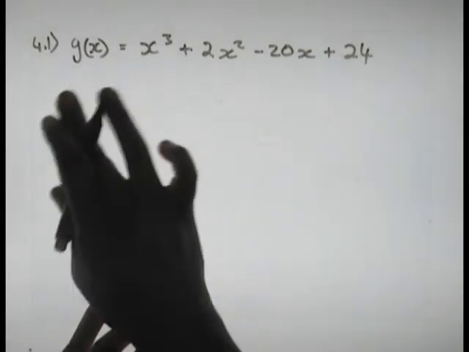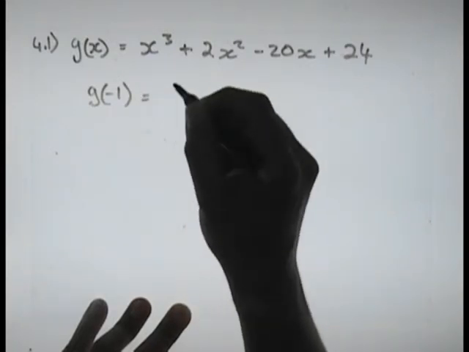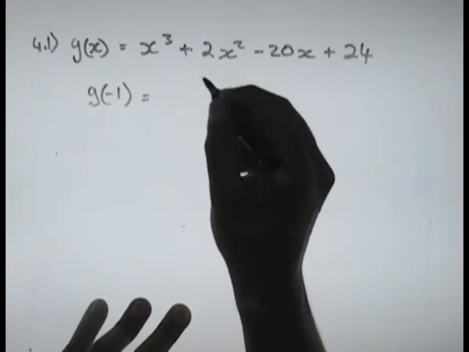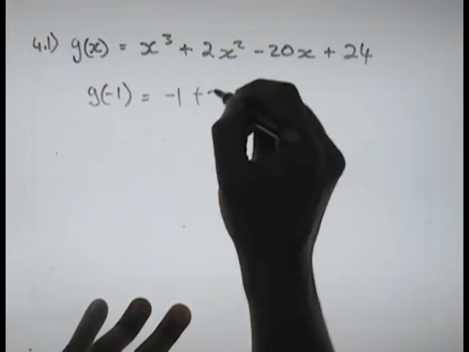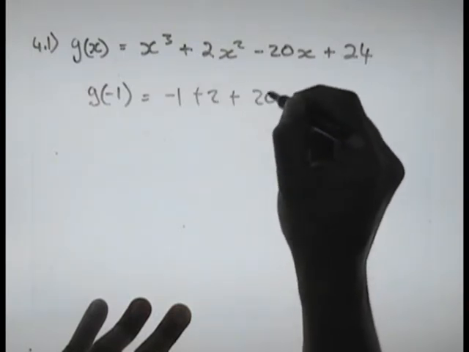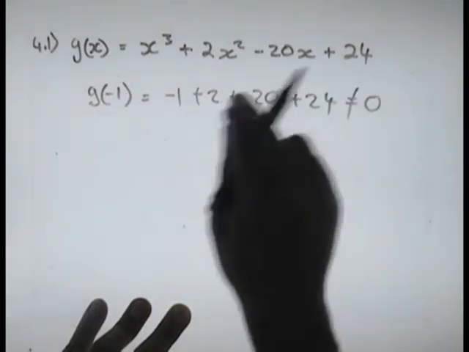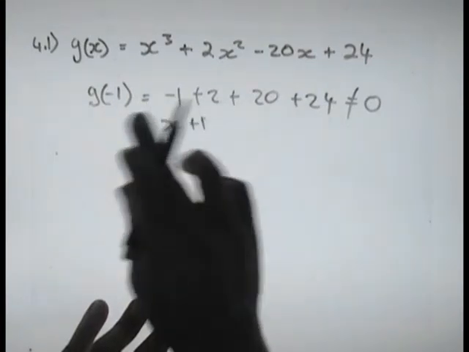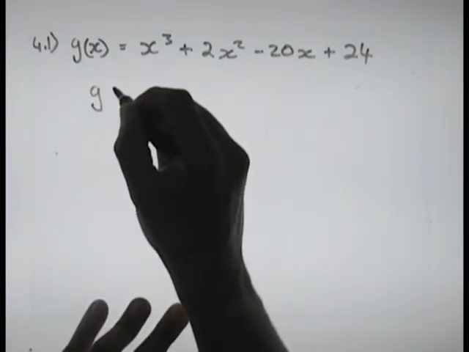The next one I'm going to do is g of negative 1. Negative 1 substituted into all of these will give me negative 1 cubed is negative 1 plus 2 plus 20 plus 24, which again is not equal to 0, so x plus 1 is not a factor. The next one I'm going to do is g of 2.